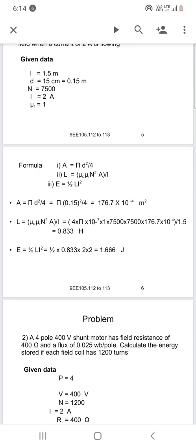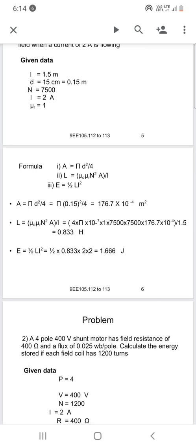Here the area A is not given, only the diameter, 0.15 meters.